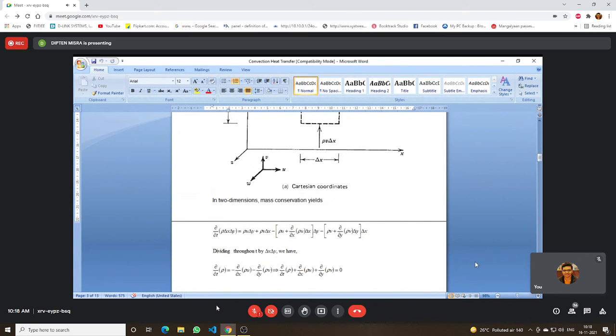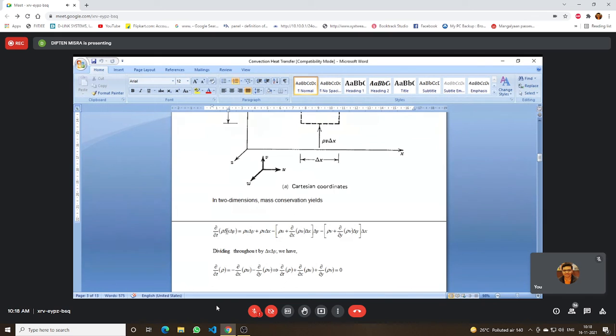So we can now write down the mass conservation equation. The rate of change of mass within the control volume, del t of rho, where the mass within the control volume is rho into delta x into delta y with the depth equal to 1. We are not writing that.